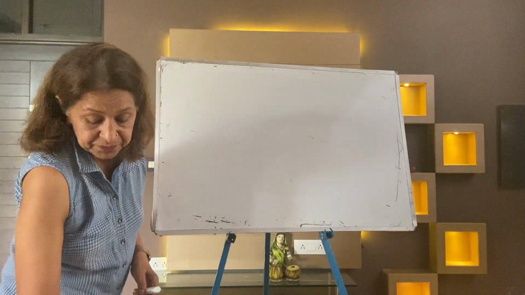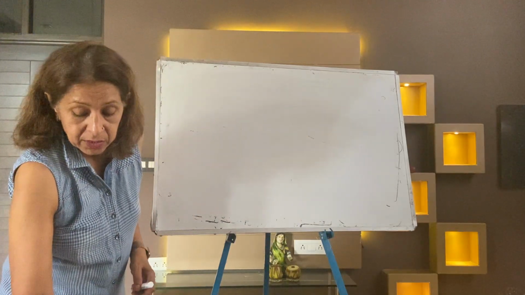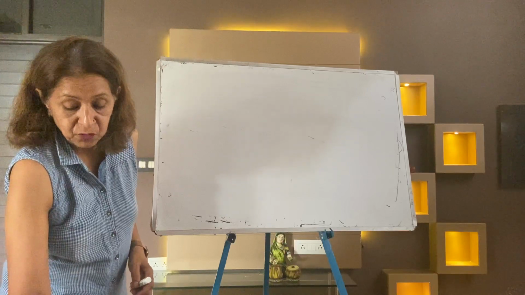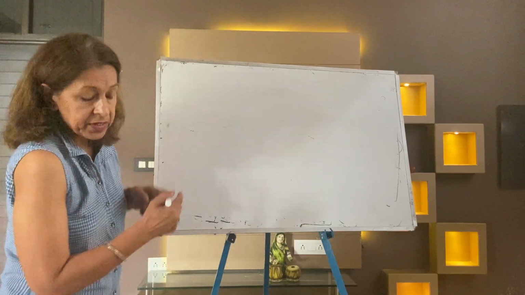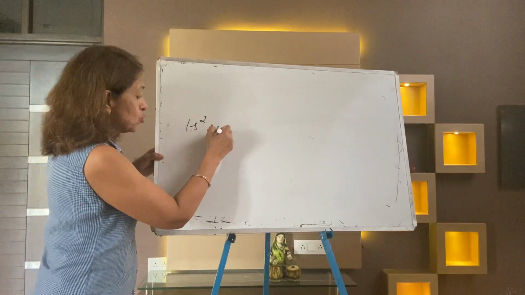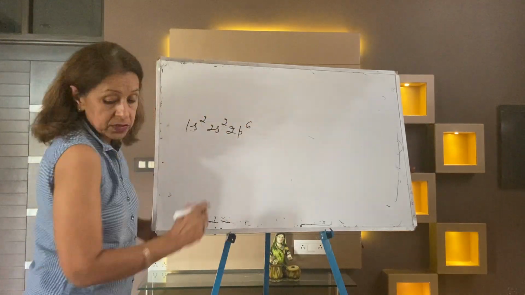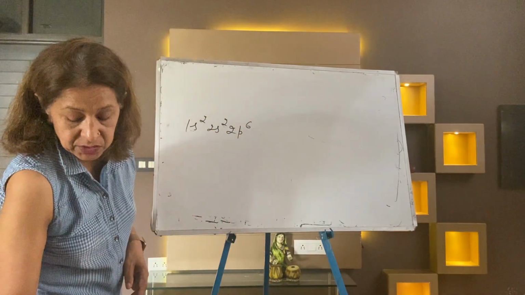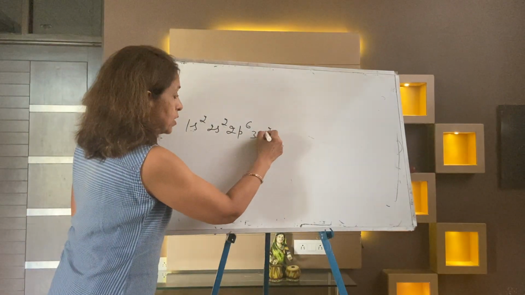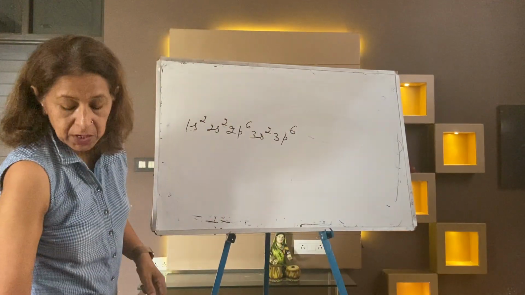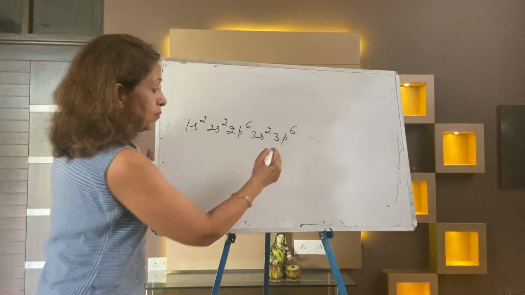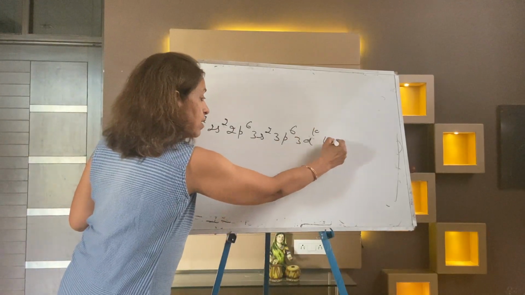Now the next MCQ. The last configuration is 4S1. It is given 1S2, 2S2, 2P6, 3S2, 3P6, 3D10 and 4S1.